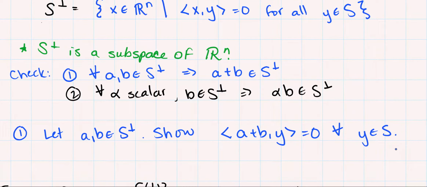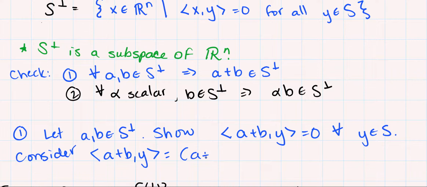Well, let's just consider the left-hand side of this. A plus b with y, this inner product, and this y is any y in your subspace S. Well, what is this by definition? This is (a plus b) transpose times y.